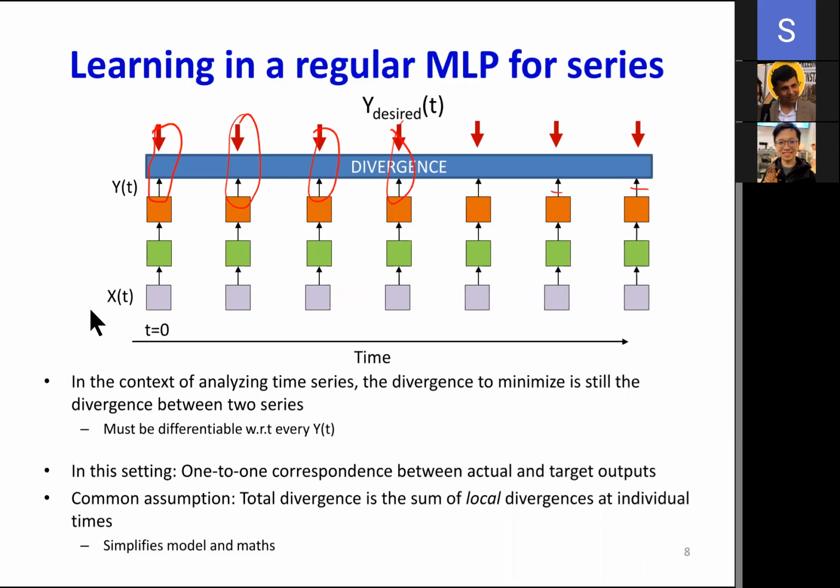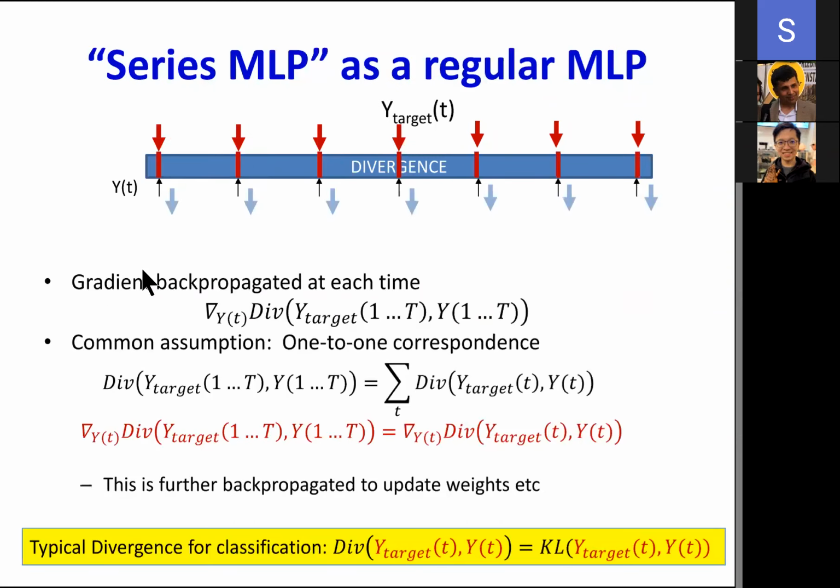And that, in this case, is simply going to be the derivative of the local divergence at each time. So this just simplifies to a sequence of MLPs. And you can still use this in some manner of speaking to analyze sequences, although the model itself doesn't explicitly capture the sequentiality of the data in any manner.